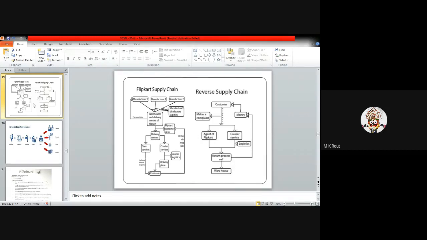if you see manufacturer 1, manufacturer 2, and manufacturer 3, they are directly combined with the warehouse, and they also enable manufacturer distribution logistics. From the warehouse, it directly goes to delivery centers, and delivery centers accommodate two types of courier service, that is phone service through e-card and the other is courier service.